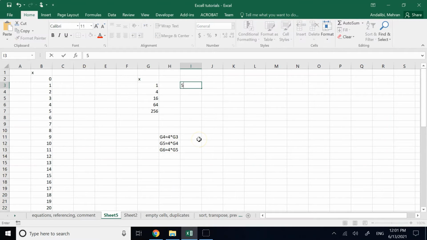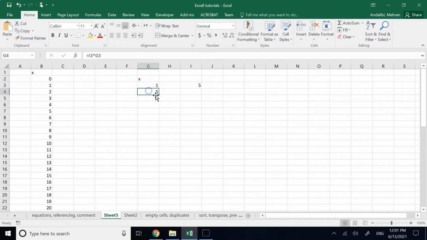If I say 5 for that, you see I typed this number 5 in cell I3, right? If instead, take a look here what happens. If instead of saying this number is equal to 4 times G3, I say this number is equal to this I3 times G3, right? 5 times 1. Well, no problem. Look, here I get 5.